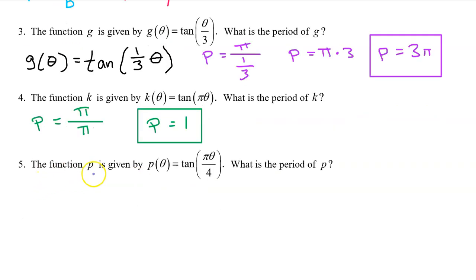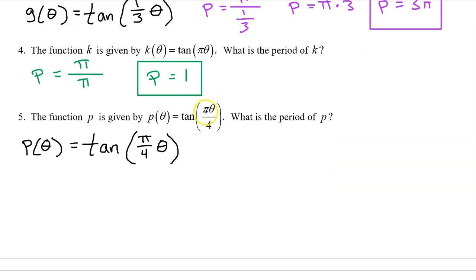Number 5. The function p is given by p of theta is equal to the tangent of pi theta over 4. What is the period of p? Pi times theta over 4 is the same thing as pi over 4 times theta. But written this way, it's easier to see that the b value is pi over 4. The period for a tangent function is given by pi divided by the b value.